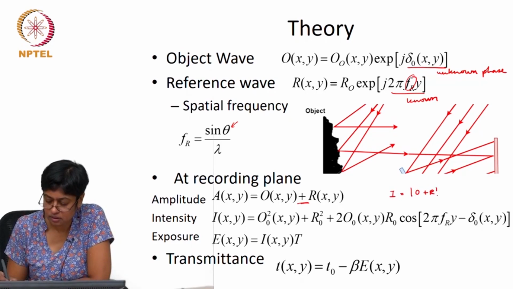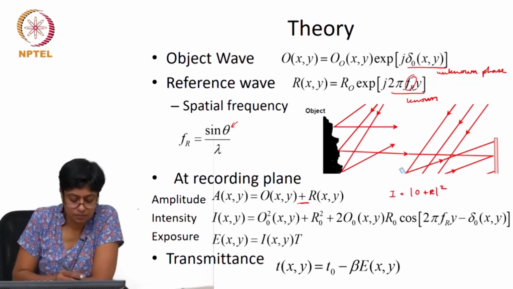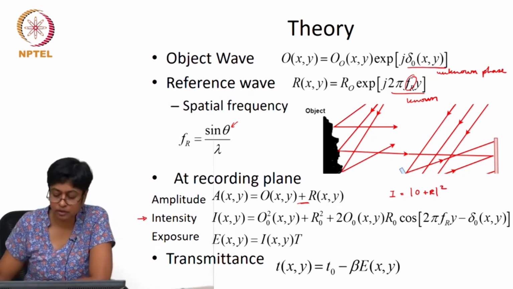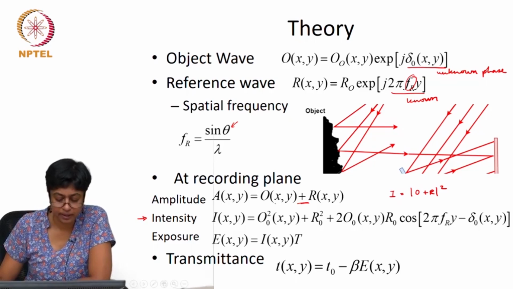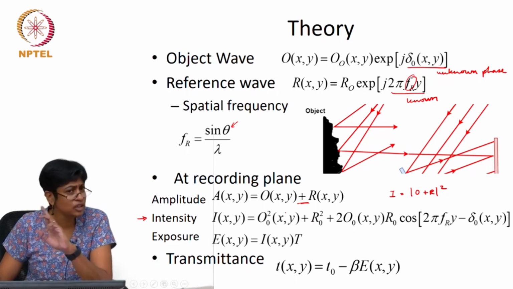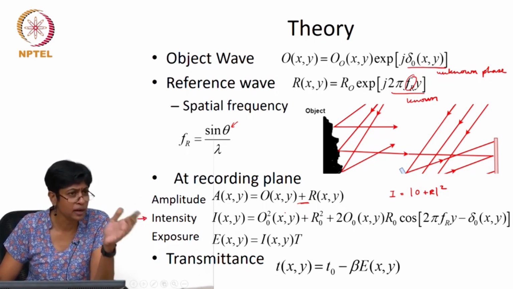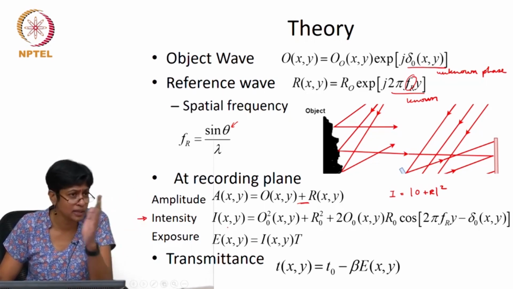this squared. Okay? So, the next term gives you the result of that squaring. I take this squared, so I have an intensity of the object beam. This squared, I have the intensity of the reference beam. This is exactly your two beam interference equation. It was A1 and A2 then, and you had I1 and I2.